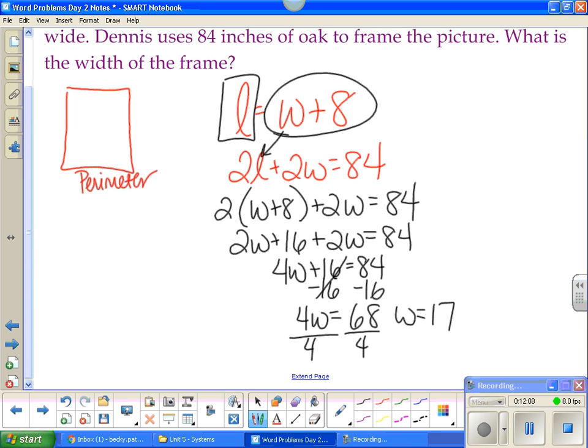Okay, so my width is 17. Now I've got to go back in here to find my length. No, I don't. It says, what is the width? And that's it. That's my width. So I can stop. I don't have to keep going.